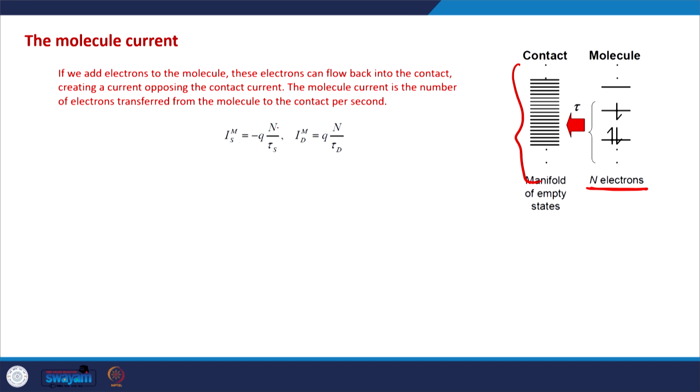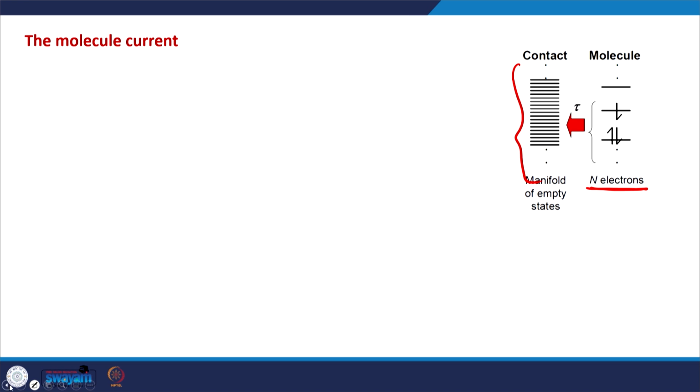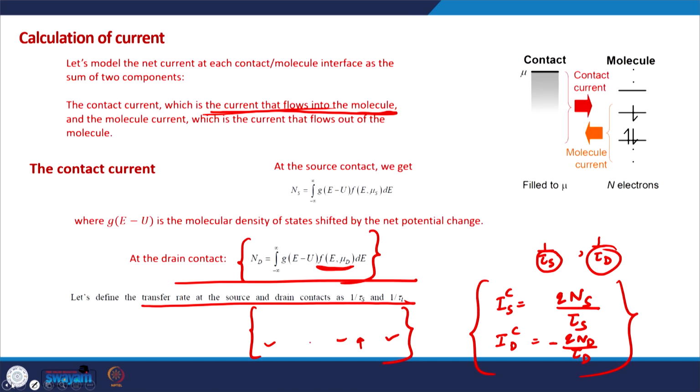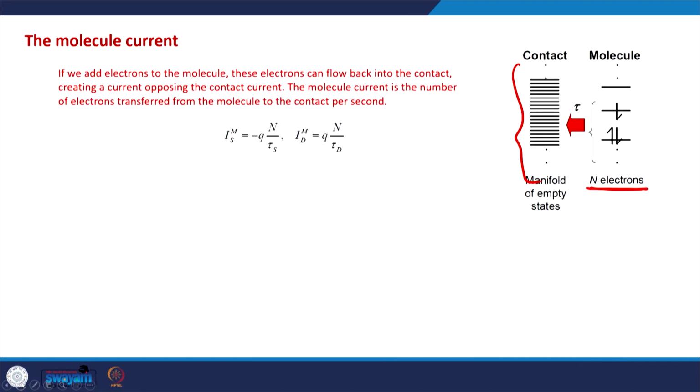This depends on the number of electrons in the molecule, just as the contact current depends on the number of electrons available in the contacts for conduction. The number of electrons in steady state in the molecule is n, and if they find any empty state either on the source or the drain side, they can hop into those states, and that will contribute to the molecular current.